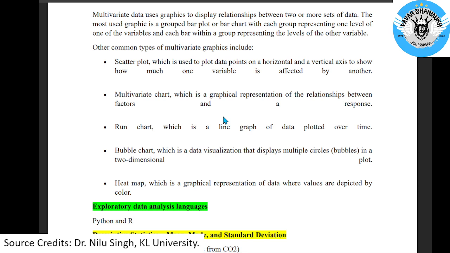Scatter plot is used to plot the data points on the horizontal and vertical axis to show how much one variable is affected by another.